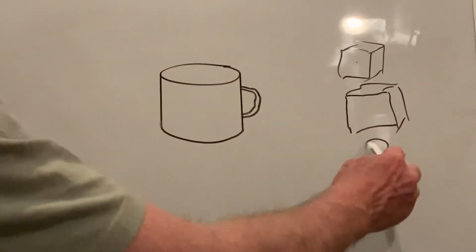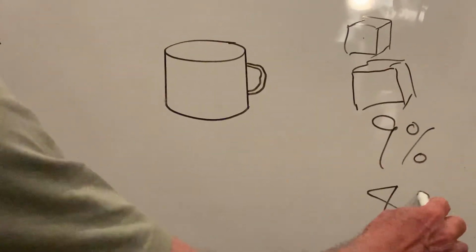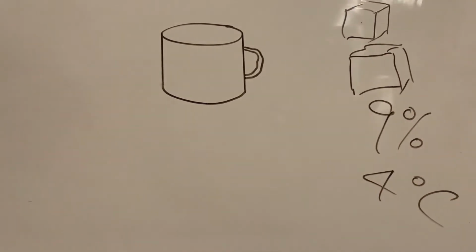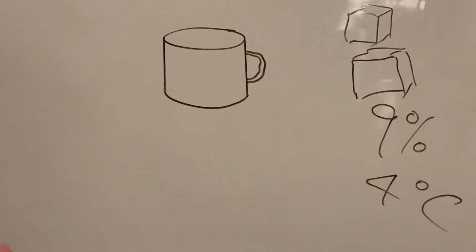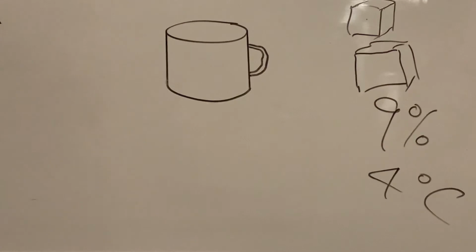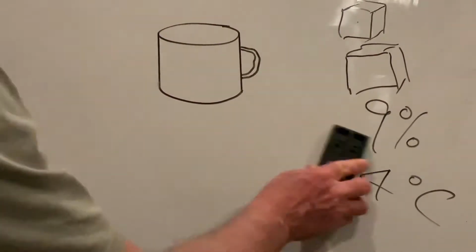It actually expands by 9%. And this happens at 4 degrees Celsius, down to 0 degrees Celsius. Ice expands by 9% volume.